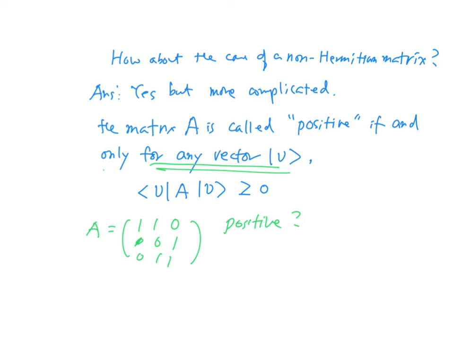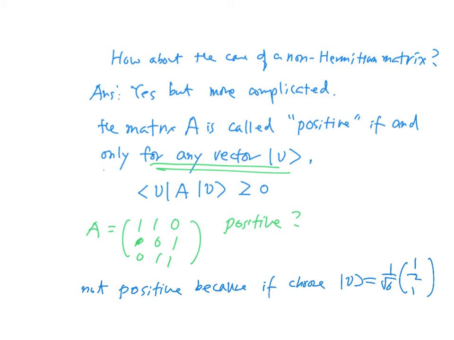So it's not positive, because the constraint in the definition of a positive matrix is any vector, so we can choose any vector. If we choose this vector, the result is -1, so it's not positive.